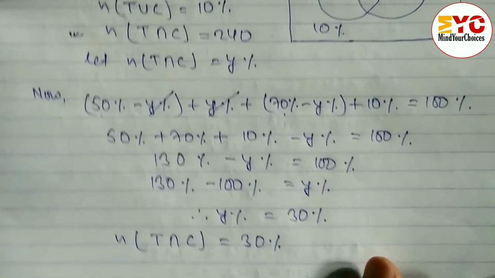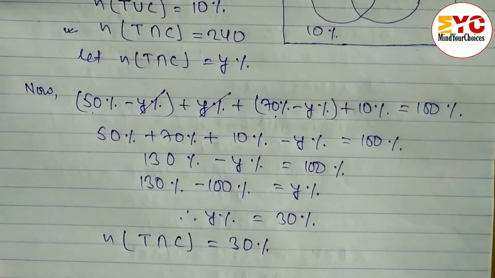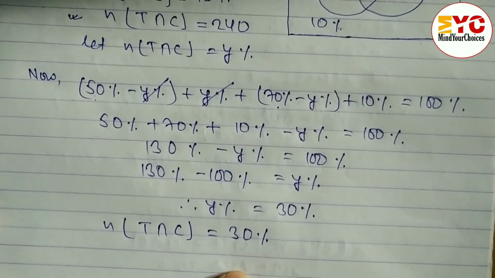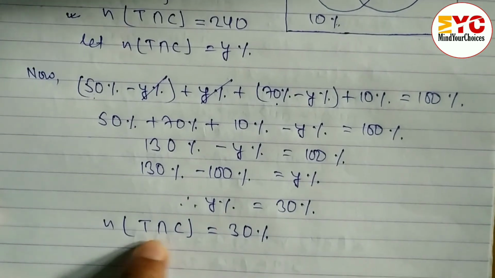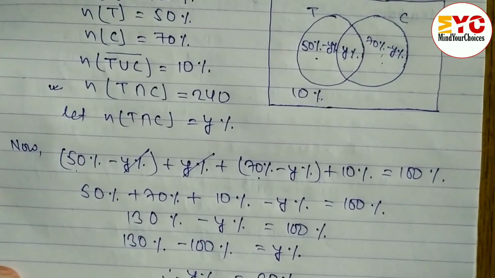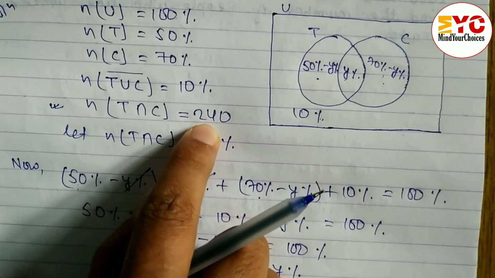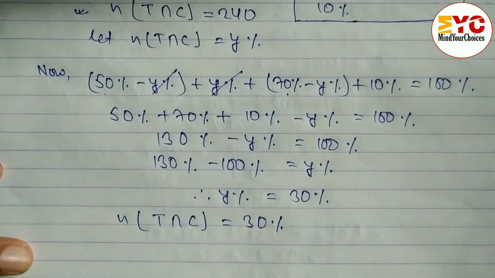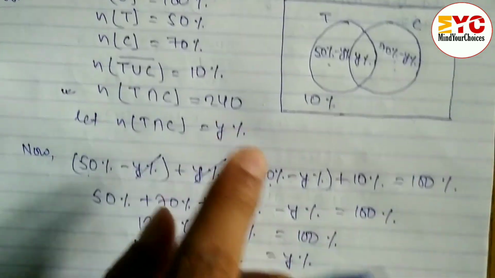So the number of students who like tea and coffee is 30%. It means 30% of students like tea as well as coffee. Now 30% like tea and coffee, and 240 students like tea and coffee. These are both the same. This 30% of total students is equal to 240.